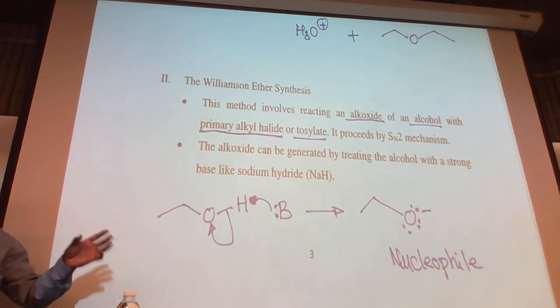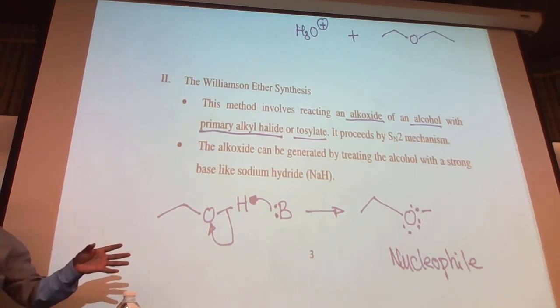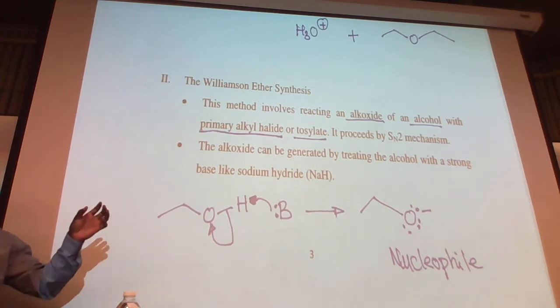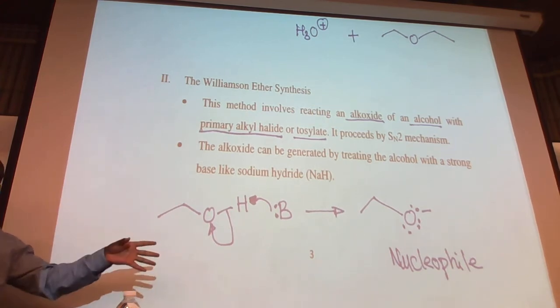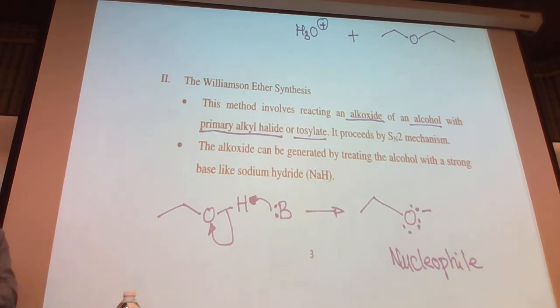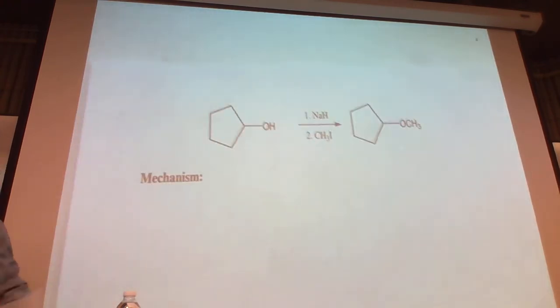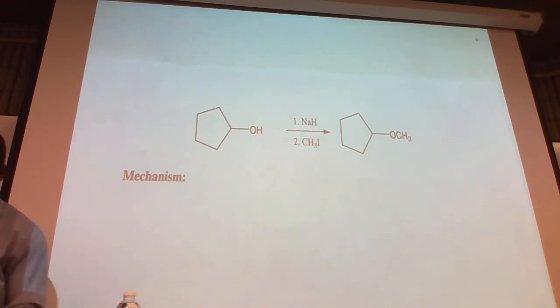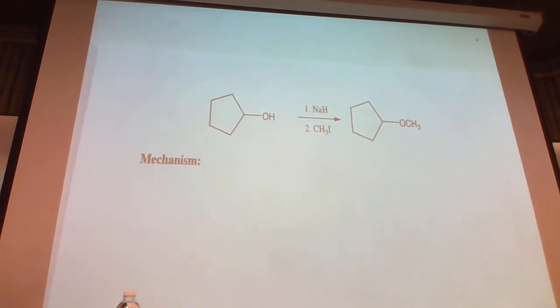So if one side is secondary or tertiary and the other side is primary, you want to make the secondary or tertiary your alcohol, and the primary side your alkyl halide. Make sense? All right. So let's see an example here.